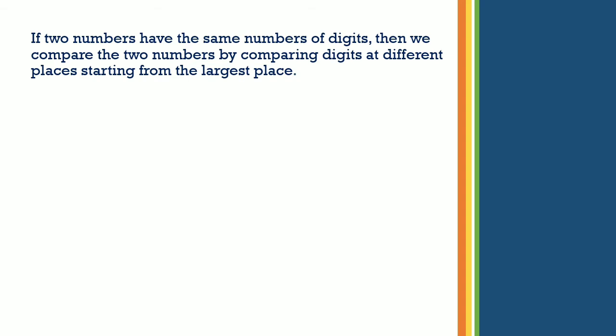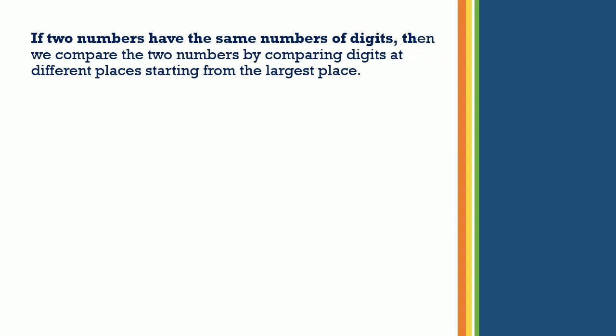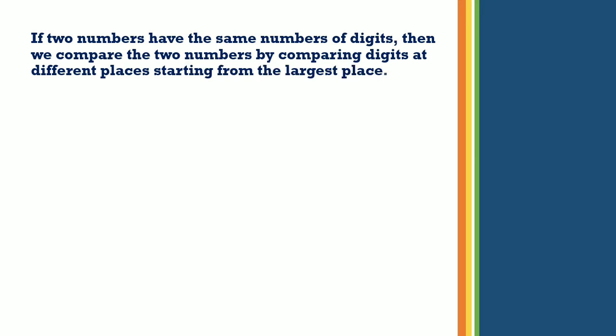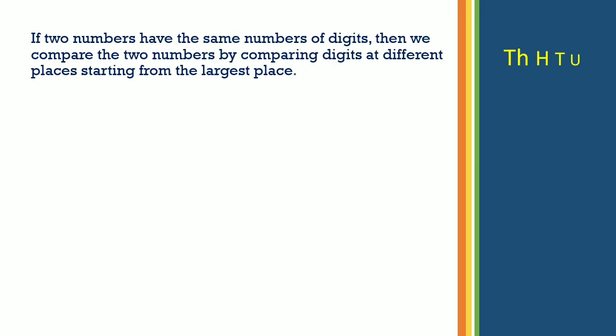If two numbers have the same number of digits, then we compare the two numbers by comparing digits at different places starting from the largest place. That is, from thousands. If the thousands place is same, then we go to the hundreds place. If the hundreds place is same, then we go to tens, and if the tens place is same, then we go to the unit place.